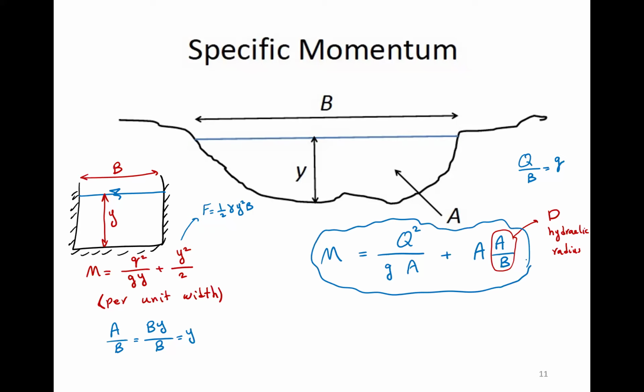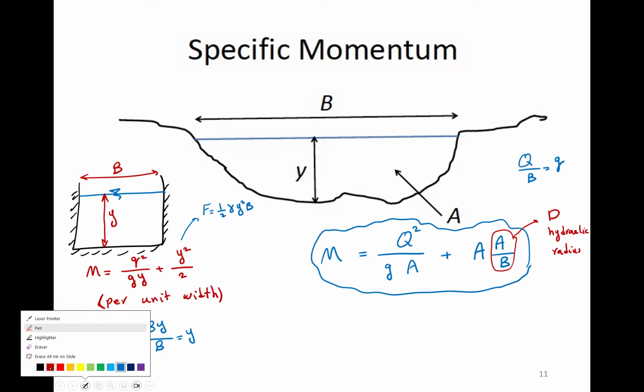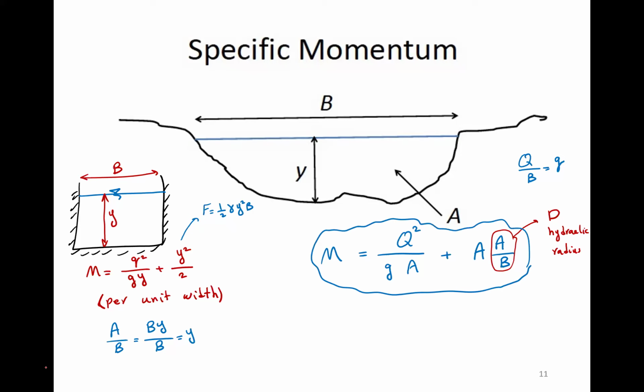We are assuming that the velocity in our non-rectangular channel is uniform, but in reality, it is not. So how do we fix that in the first term where we have discharge? We're going to say, okay, let's not change anything, but multiply the first term by beta as a correction term and fix things.